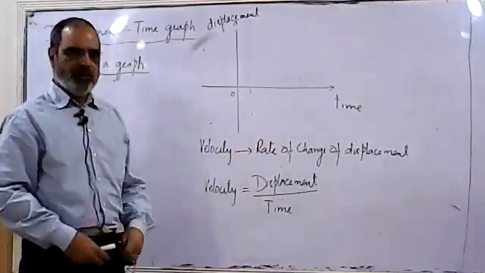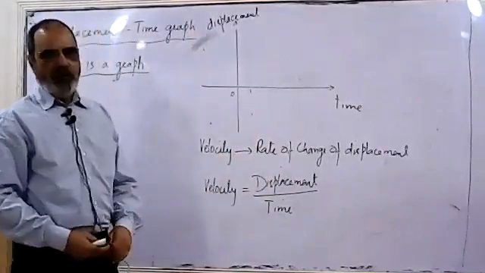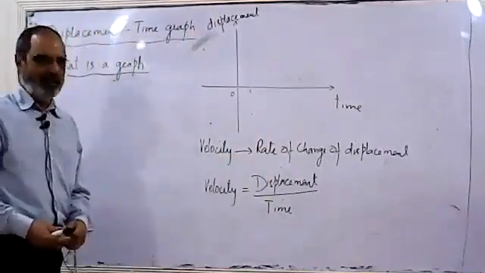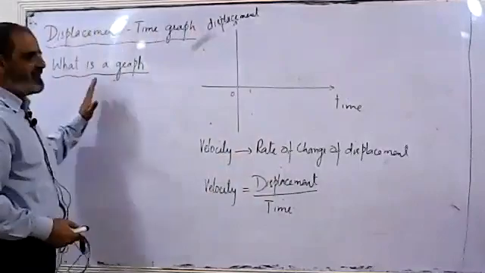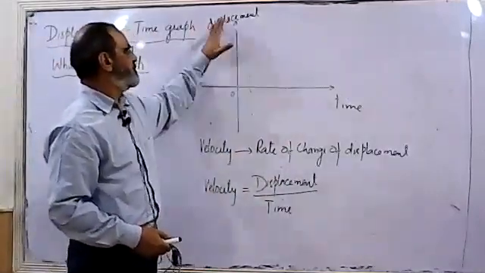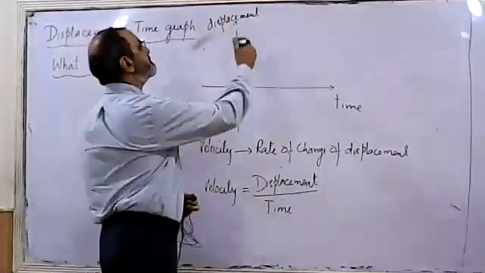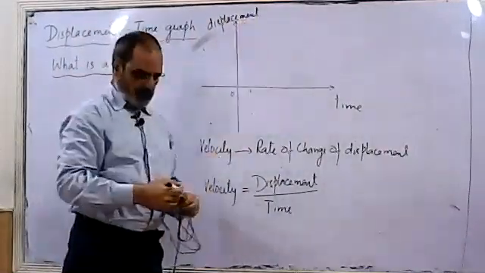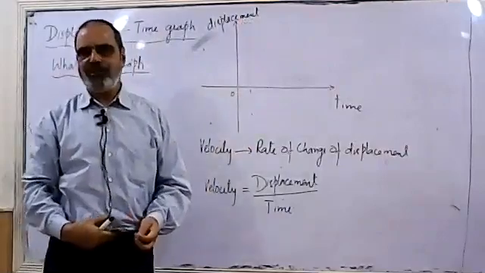So before continuing further, we have to consider another thing. First of all, we have considered what the graph means. The graph means the relation between these two quantities. So it's not necessarily always displacement or time.